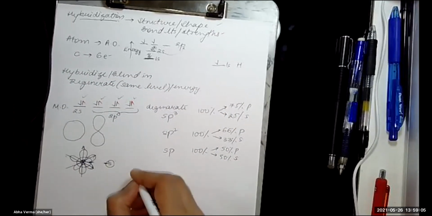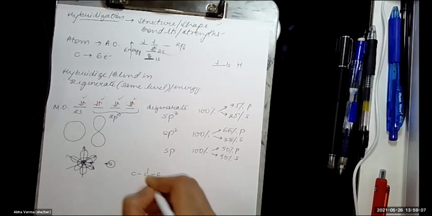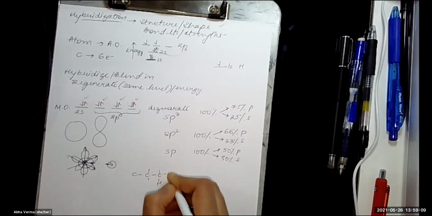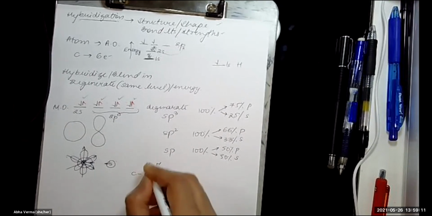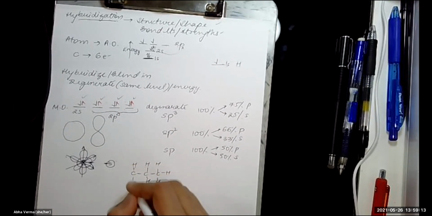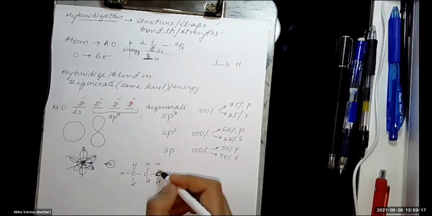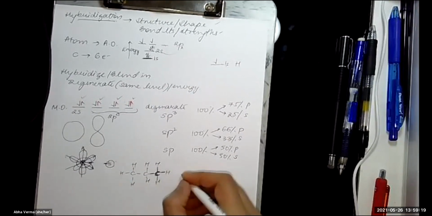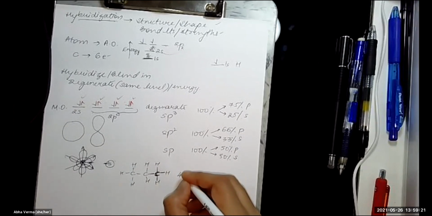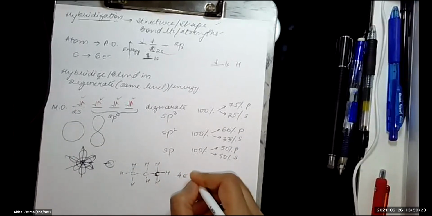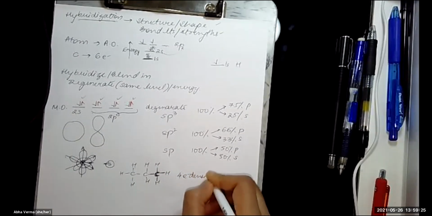So if I'm drawing a molecule like this, how many bonds does this carbon have? 1, 2, 3, 4. So it has 4 electron densities or domains around it.